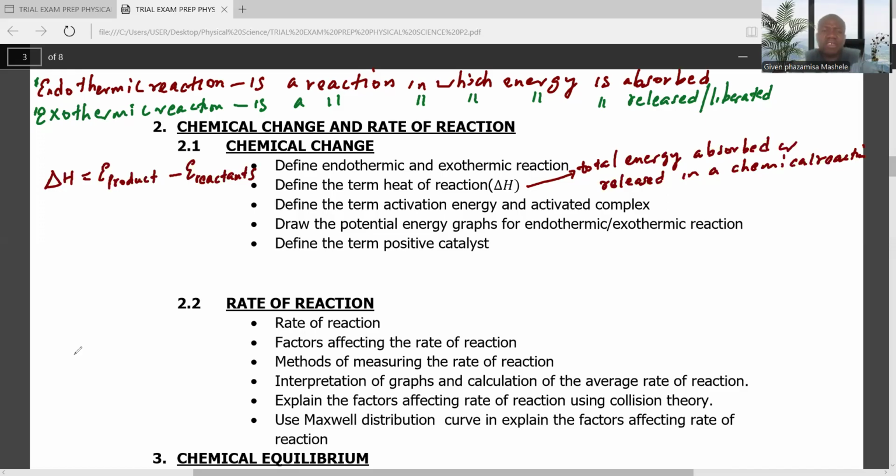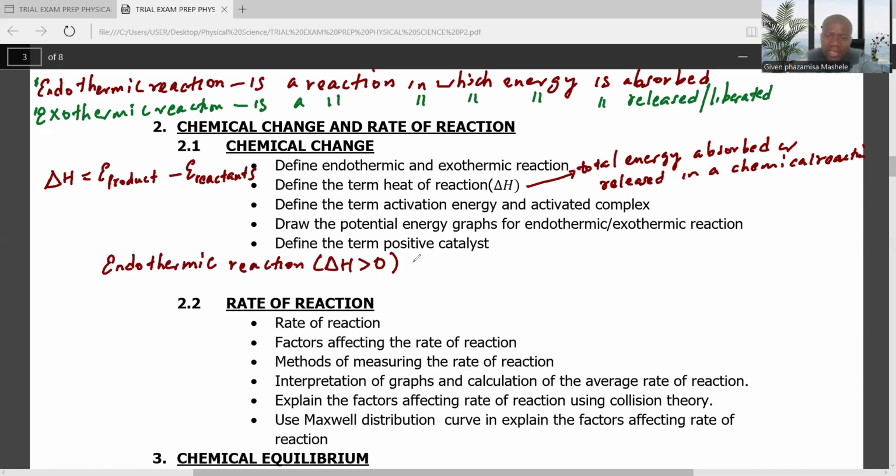And ladies and gentlemen, wherever we have an endothermic reaction, the heat of reaction is always bigger than 0. What does this mean?